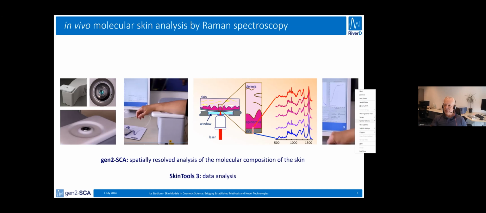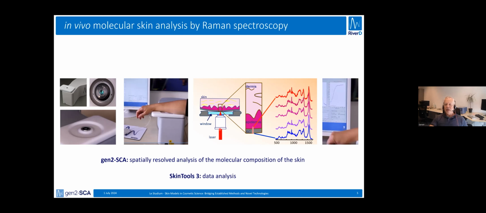So you see the microscope objective here. And this microscope objective focuses light into the skin that's resting on the window. It's a confocal system, so the microscope objective also collects Raman scattered light, but only from the position where the laser focus is, not from the areas below or above.